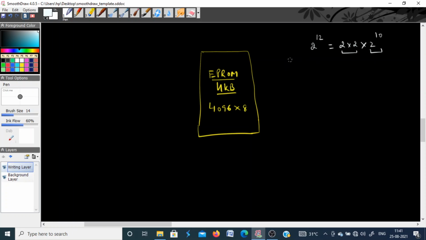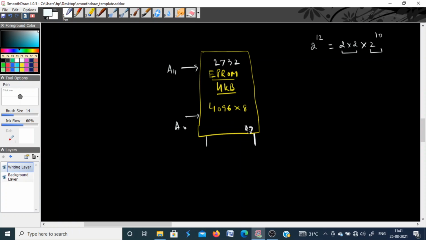So you need 12 address lines now. Okay, it means your A0 to A11, now they are connected with this memory chip. Okay, so this is a chip available basically, which chip number is 2732. And then of course we have 8 output lines.